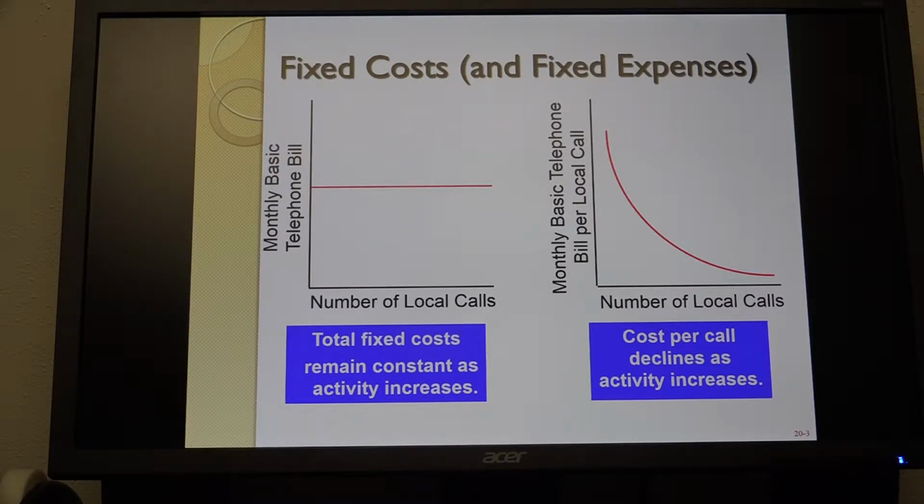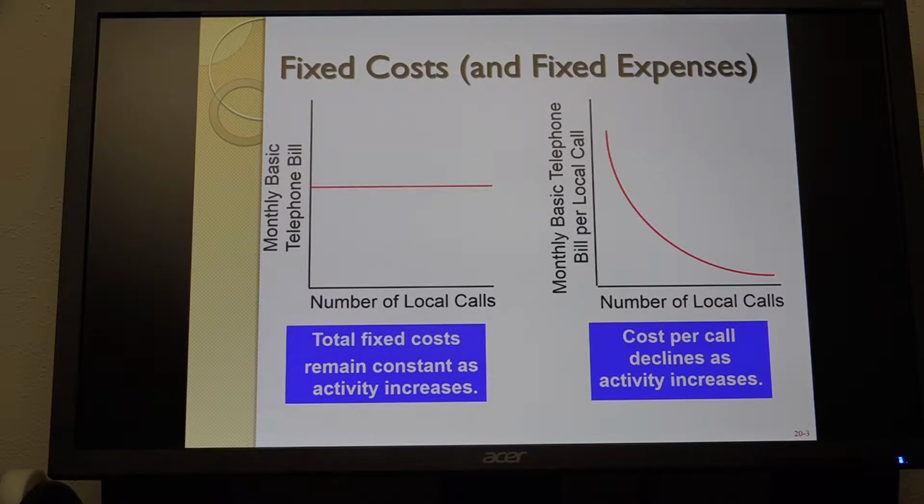And so for the most part, costs are really one of three things. They're either fixed. A fixed cost is any cost that remains constant regardless of activity within a relevant range.